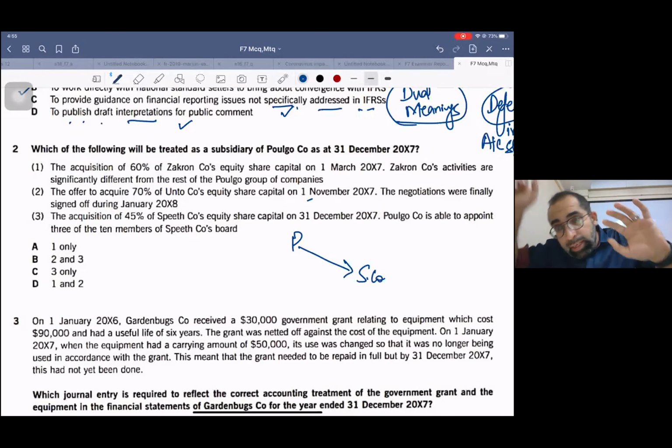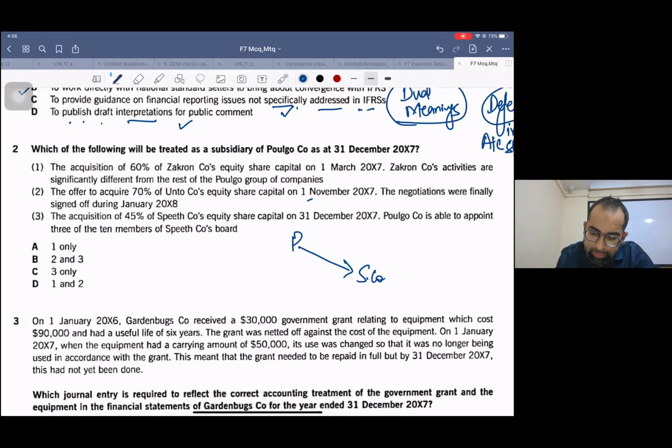In the past, not now, when the parent company and subsidiary company had different lines of business, consolidation was exempt, but not now, because many accountants manipulated it and took wrong advantage of that exemption. So now, even if the parent company is a bank or insurance company and the subsidiary is in the manufacturing sector, if there is control, you have to do consolidation.